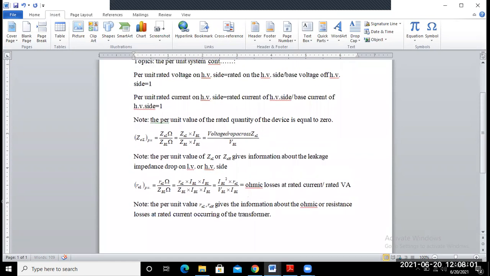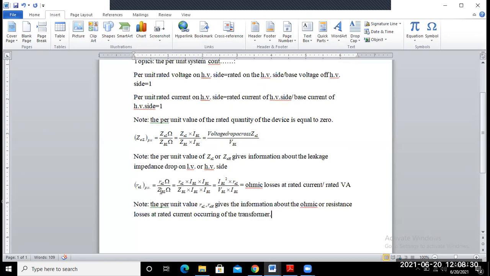So we already discussed 3 points related to the per unit system, okay. That means per unit rated voltage and per unit rated current, that means the per unit value of the rated quantity of the device is equal to 1, and the per unit value of the impedance gives the information of voltage drop across the impedance, either the low voltage side or high voltage side, okay.